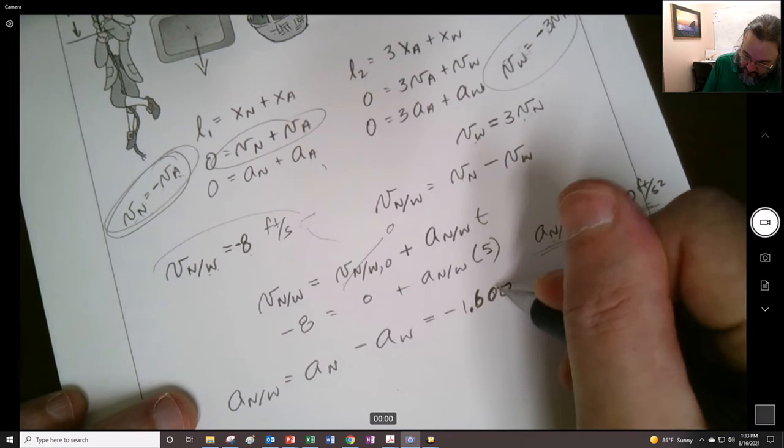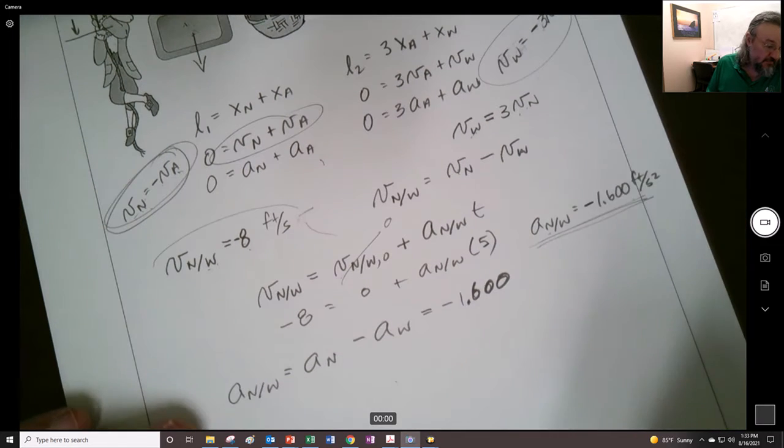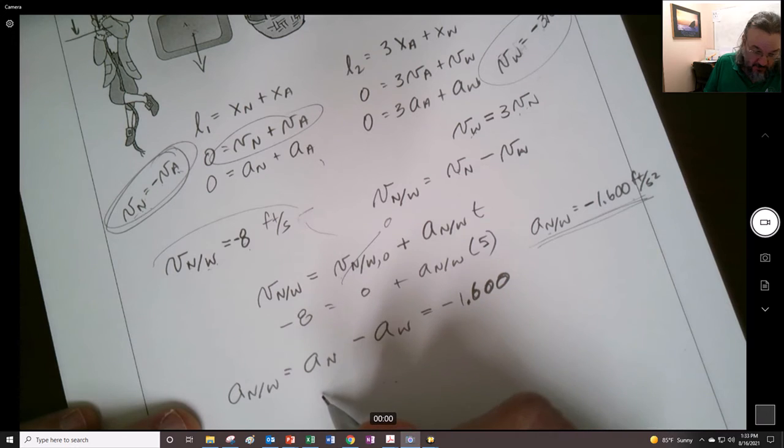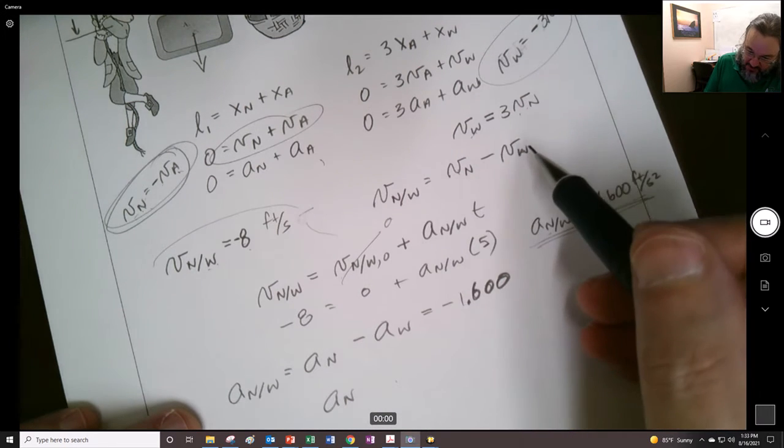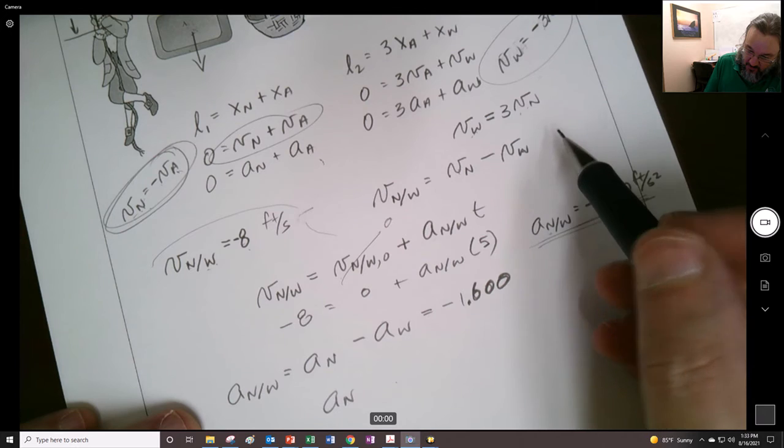Right? And so the acceleration of newt dog, when we could substitute, let's see which one, we never wrote it out.